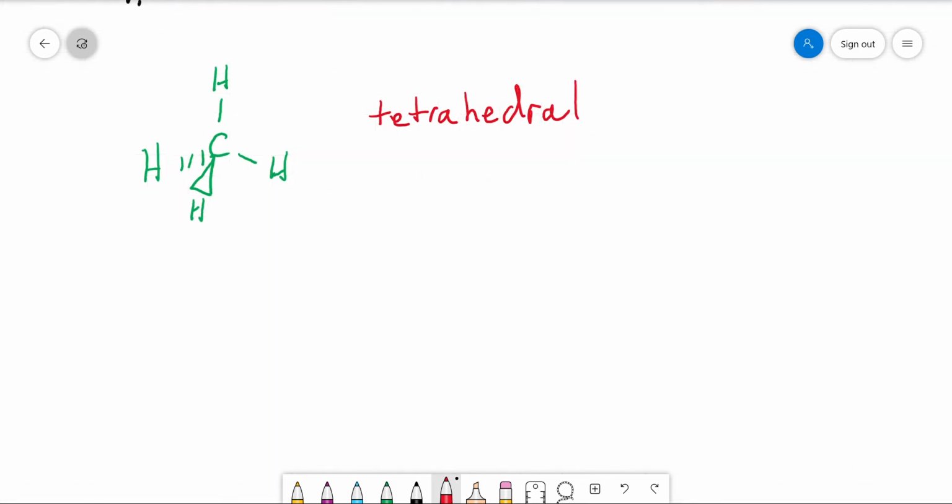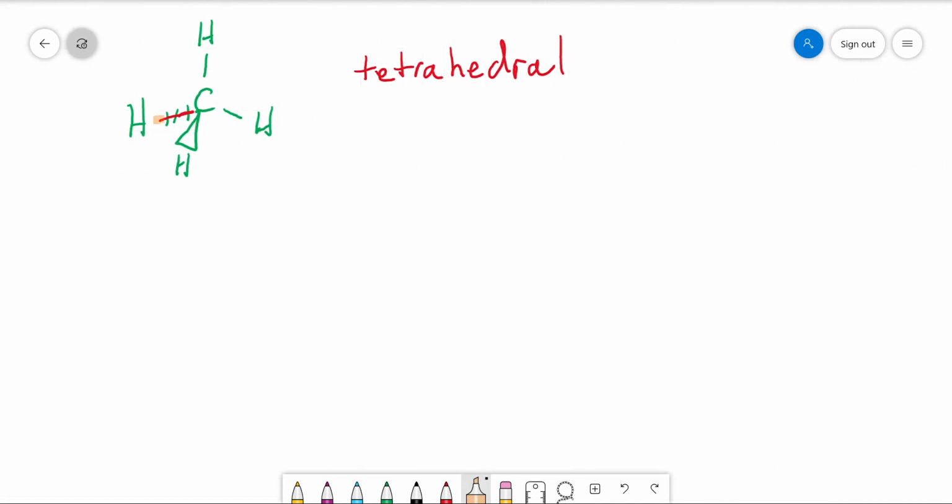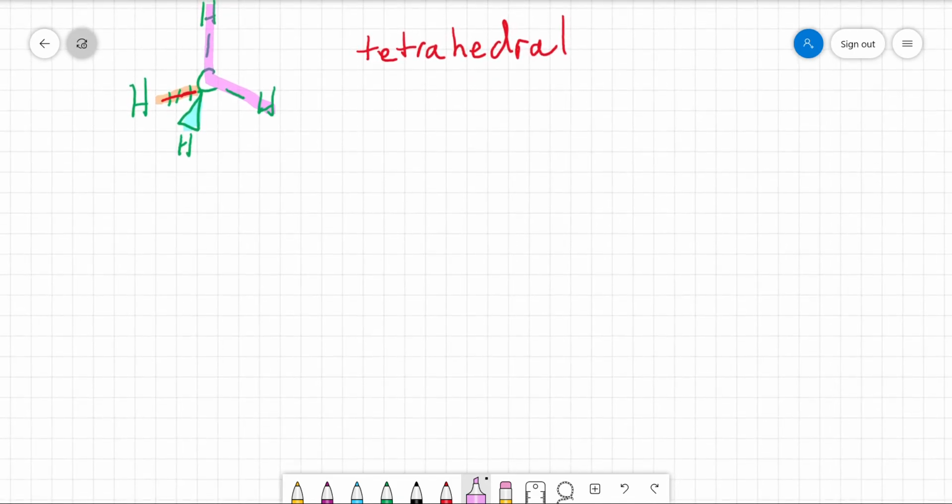Okay, and again, just to reiterate, this dash is going back into the screen. This wedge is coming out at you, and then the other things, the hydrogen, the carbon, and this hydrogen are all on the same plane as the screen.